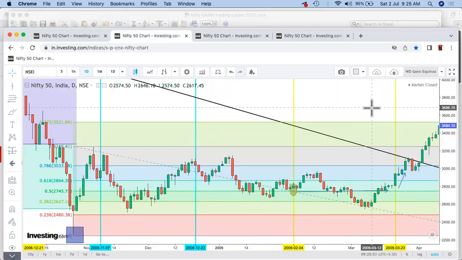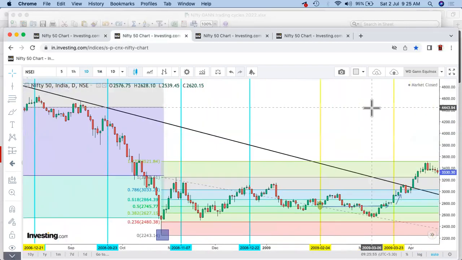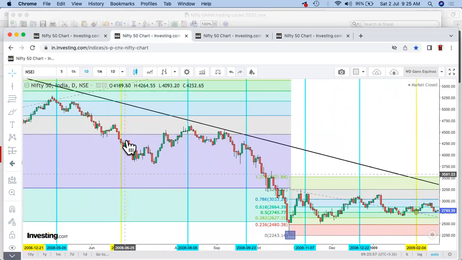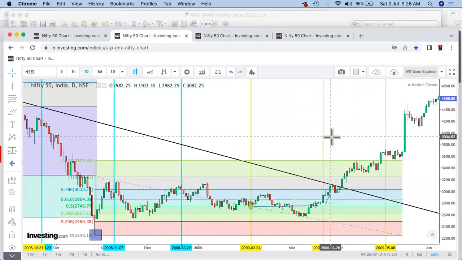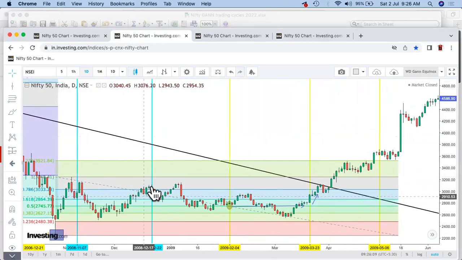Not in terms of directions, but as we saw in the previous part, we had a level, we had a level, we had a level, right? So somewhere playing around nearer to one level and then taking a direction. Here again, this was a level, this was a level, this was a level, playing around with one level and after that taking a direction.